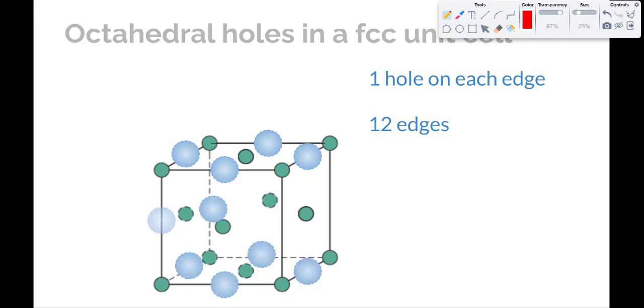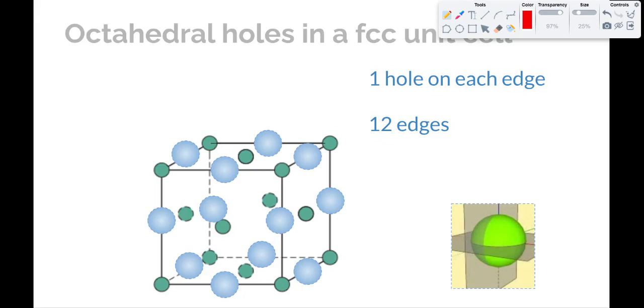So these are the locations of the holes. But if you think about the fact that each of these are sliced in half at a corner and then sliced in half again, because they're shared by 2 other cells, so they have to be sliced in half, that means it only gets a quarter share of each hole that belongs to that cell.